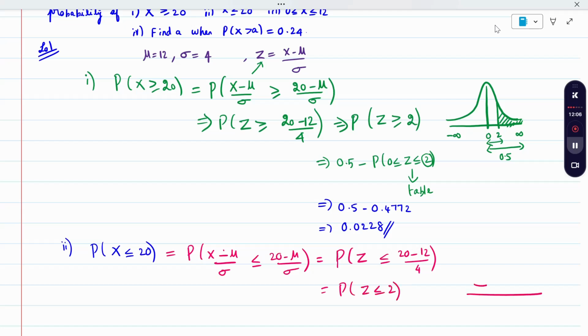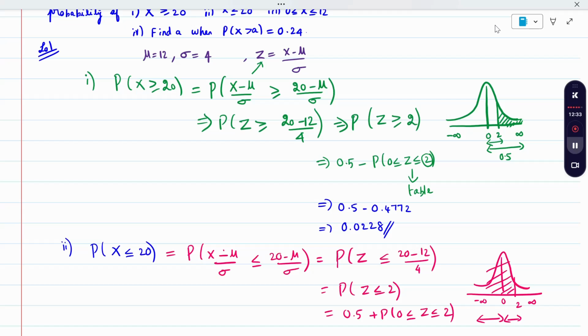Draw the diagram immediately. This is 0, minus infinity, infinity, and somewhere here is 2. So less than or equal to means this is our shaded region. This is the way you have to draw it. So it's nothing but this half plus this half; when I add, I get minus infinity to 0. So 0.5 plus the probability of 0 less than or equal to z less than or equal to 2.